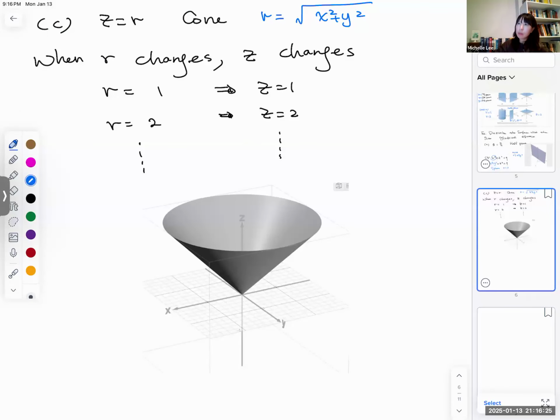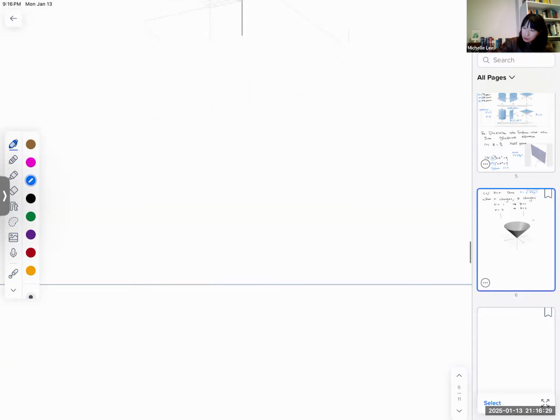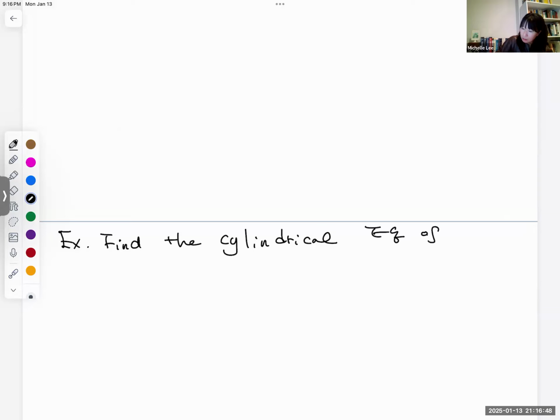Okay, so let's do an example. Find the cylindrical equation of y squared equals 10 minus z squared.